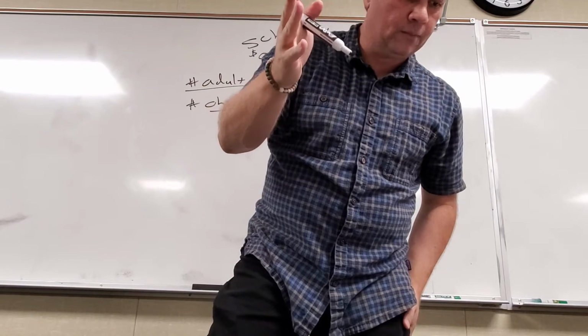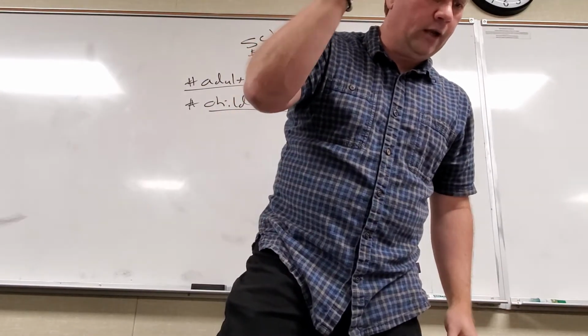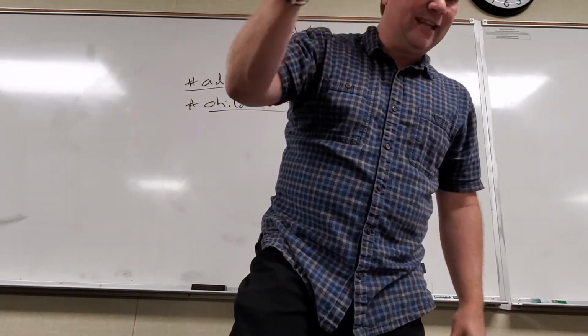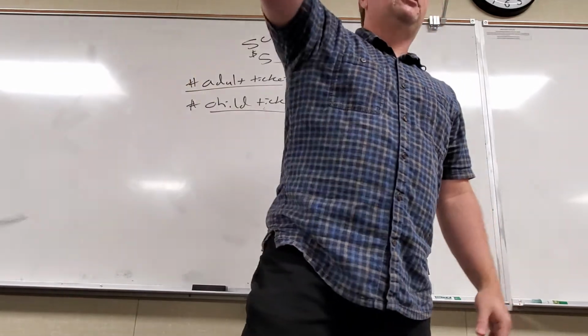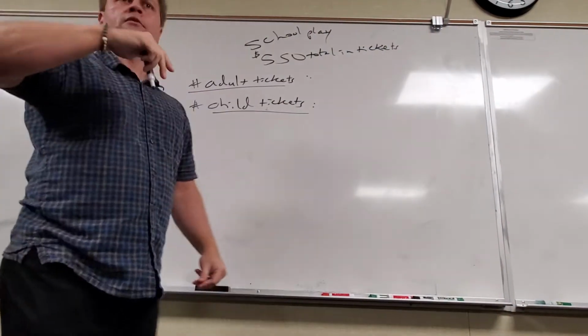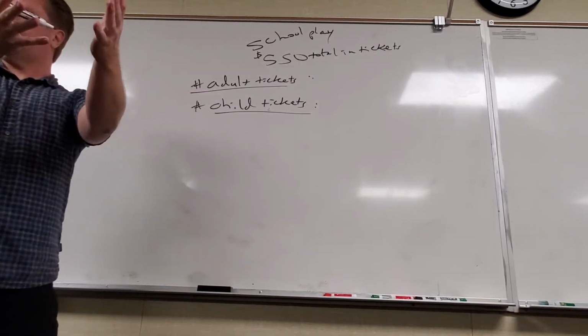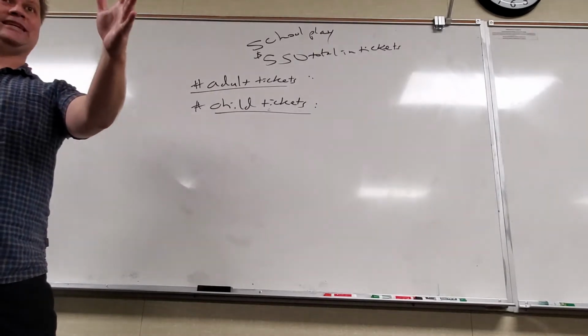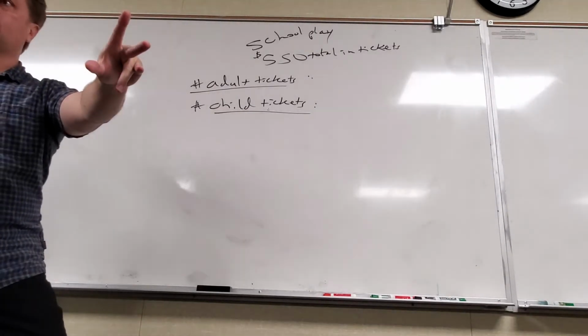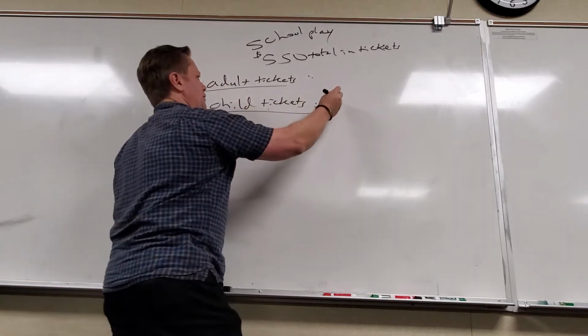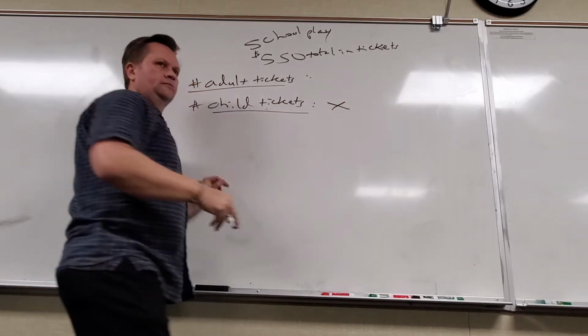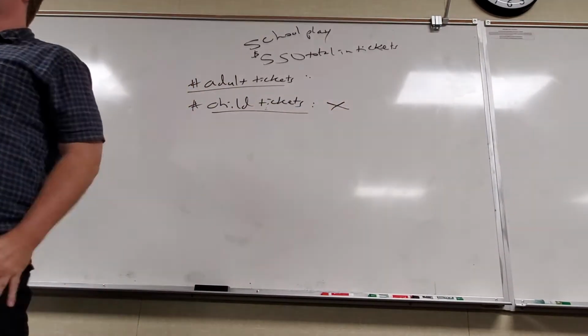Let me read this again. The number of adult tickets was 10 less than twice the number of child tickets. So I have to know child tickets first. Number of adult tickets has to do with child. So what am I going to call the child tickets? X. You can use whatever letter you want to.